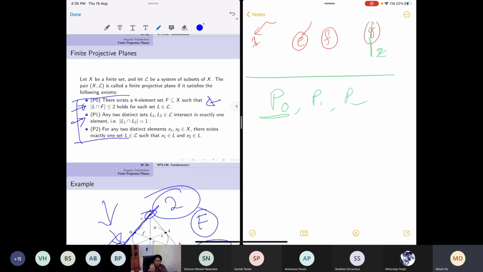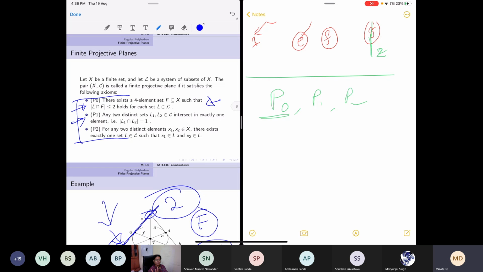Okay, so as I mentioned, points become lines in the dual, and lines become points. So in the dual, we need to prove that there exists a 4-element set, that is, there exist 4 points, such that no 3 of them are collinear, right?